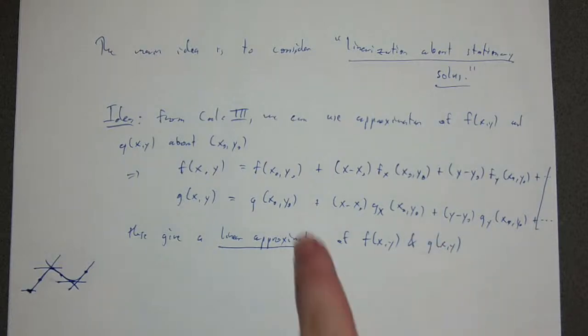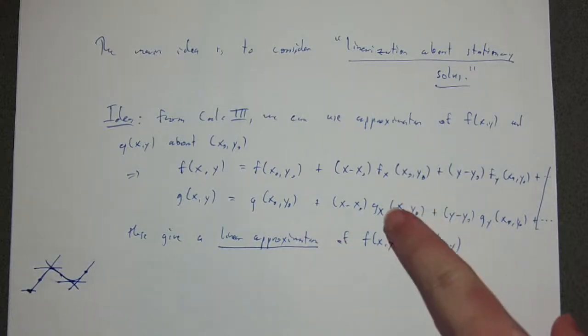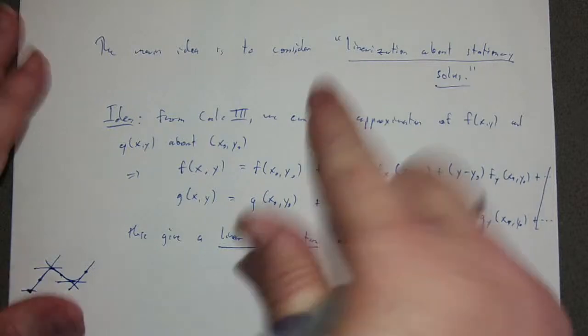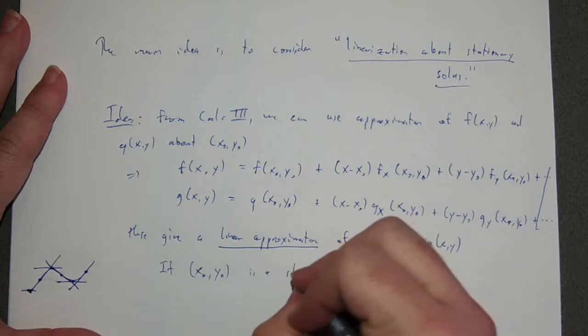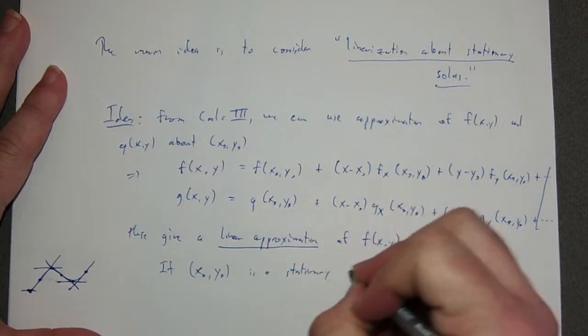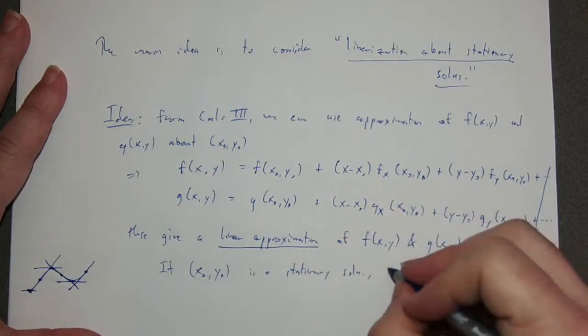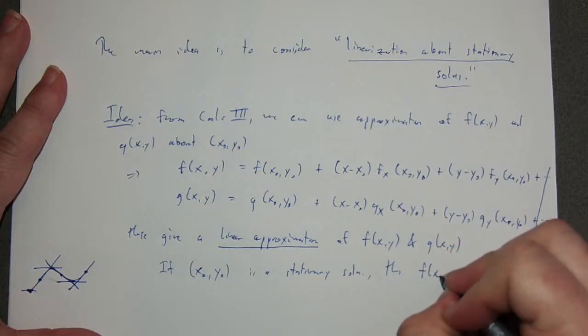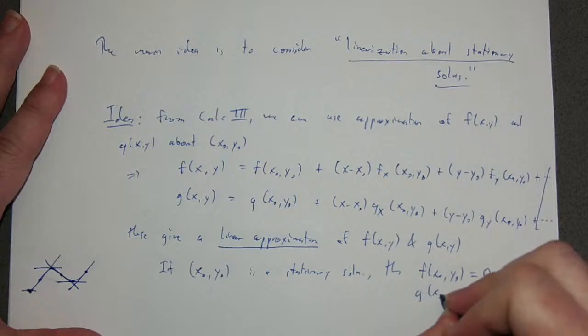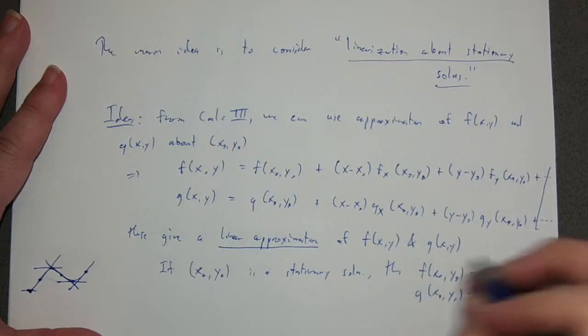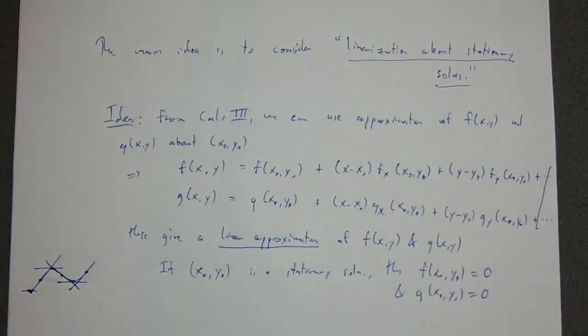So then from this fact, if x naught, y naught is a stationary solution, then f of x naught, y naught is 0, and g of x naught, y naught is 0, right?